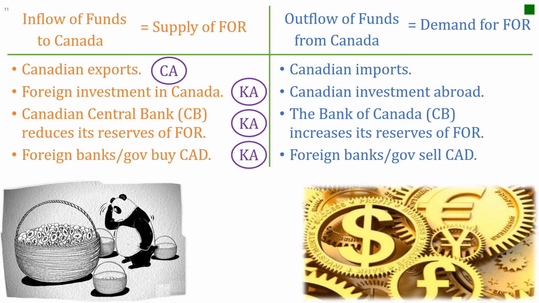On the other side, we have pretty much the same thing. Imports would be current account, whereas investment in assets would be capital account. The reserves of foreign exchange would be capital account, and the Canadian dollar would also be capital account. All right, that's just based on the definition. So pause here and write down your notes.